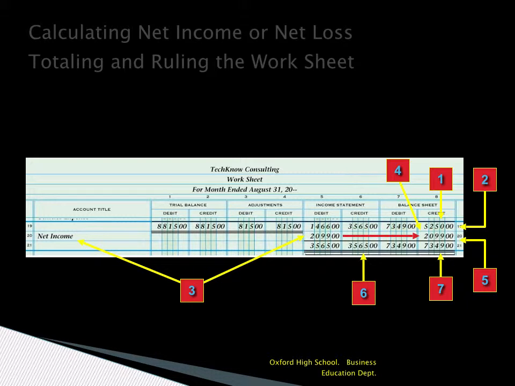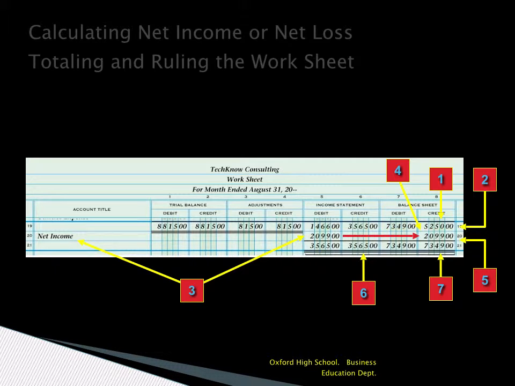Now, how do I find net income? I subtract the smaller number from the larger number in the income statement. I subtract the smaller number from the larger number in the balance sheet. And whatever my answer is, I put that under the smaller number. Like 1,466 is smaller than 3,565. That's why the net income is put under 1,466.